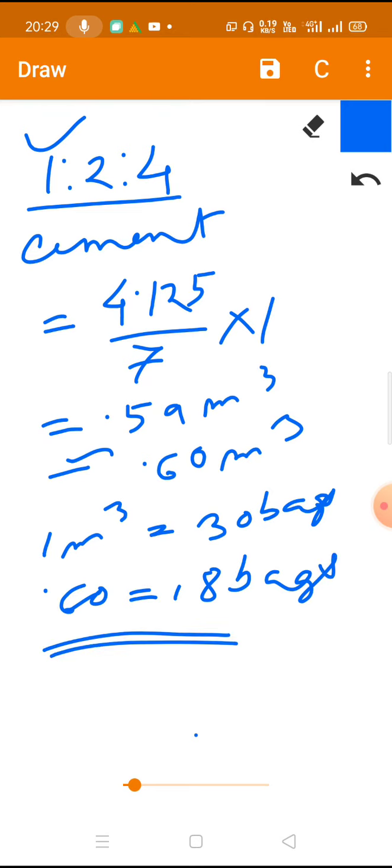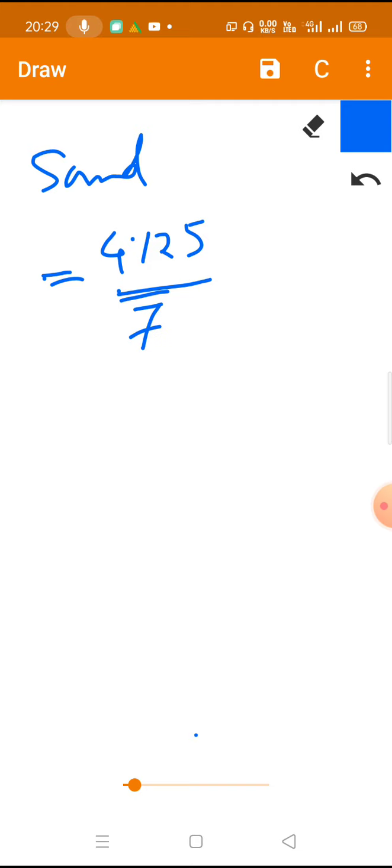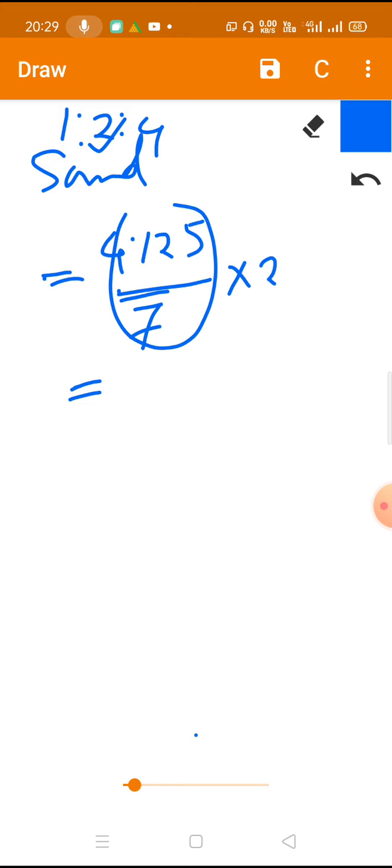Now let us calculate the total quantity of sand. 4.125 divided by 7. What was the ratio? 1 is to 2 is to 4. Contribution of sand is 2 multiplied by 2. In case of cement, this was found to be 0.6, isn't it?